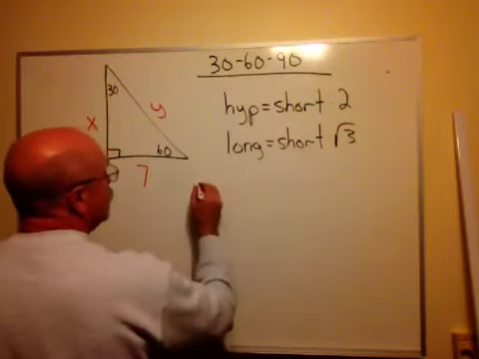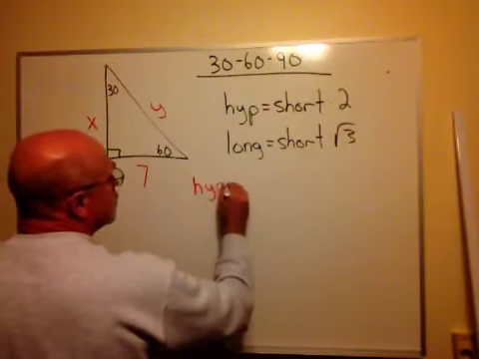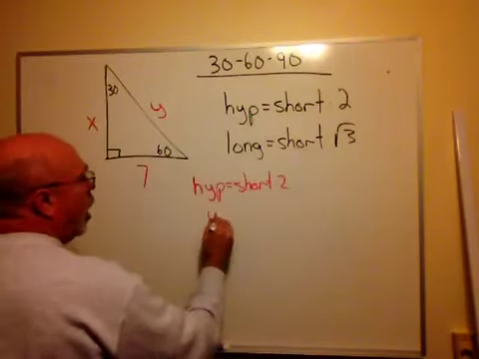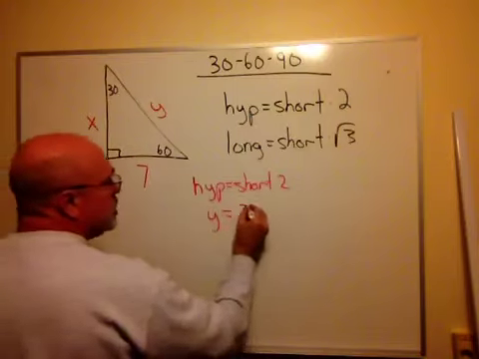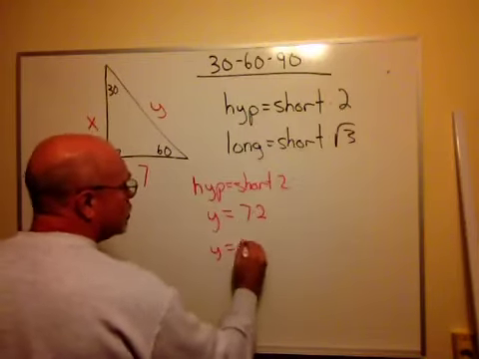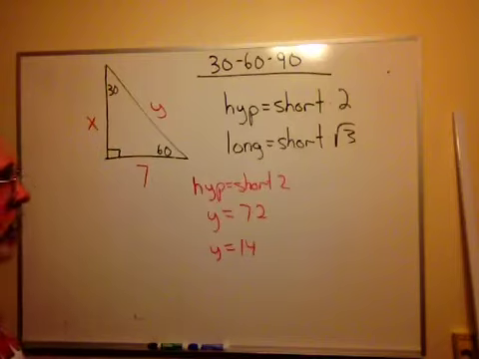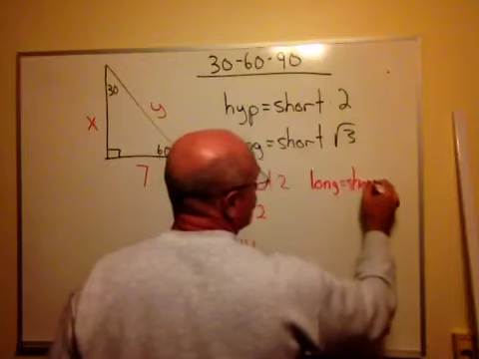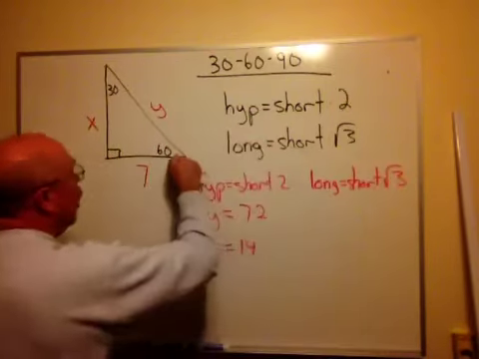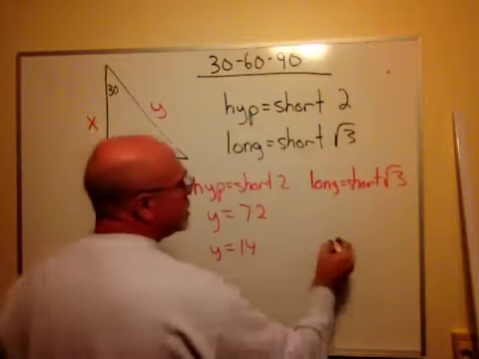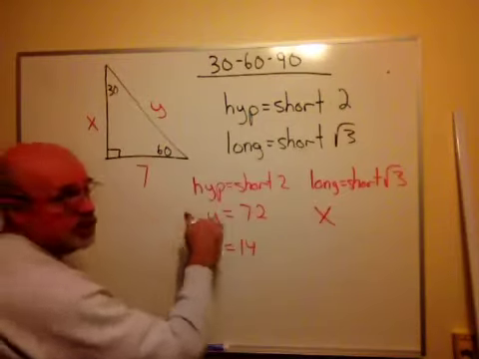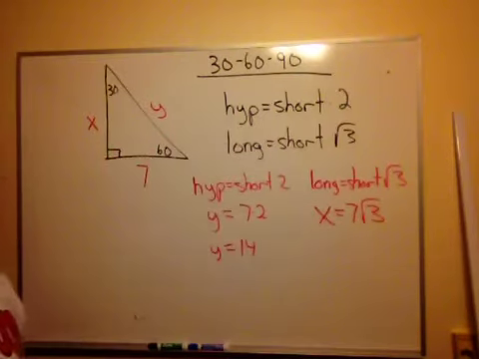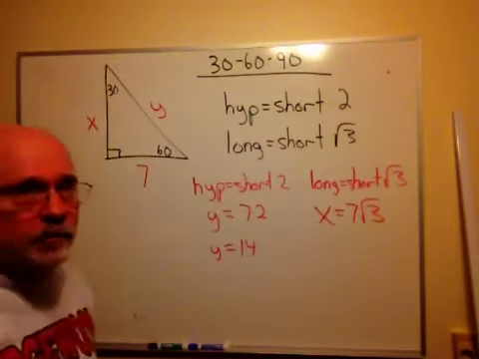So if I use the rule hypotenuse equals short times 2, then the hypotenuse, that's my y, equals my short, which is the 7, times 2, y is 14. If I use the rule long equals short root 3, then long, which is across from the 60, that's my x, is the short, 7, times the square root of 3. So being given the short leg is the absolute best.